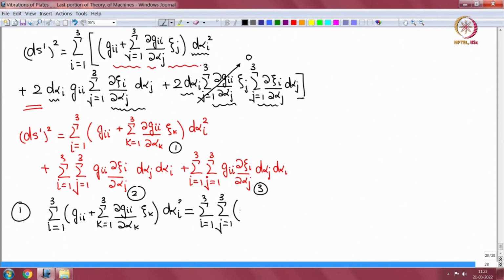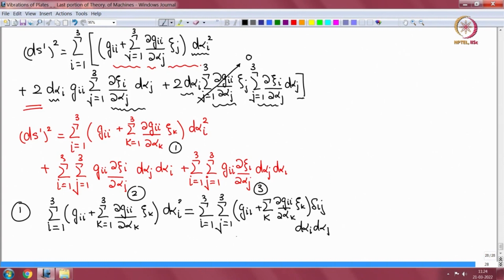Okay, how do we make it a double sum? g I plus sigma over the k 1 to 3 del g I by del alpha k xi k and delta ij d alpha j.